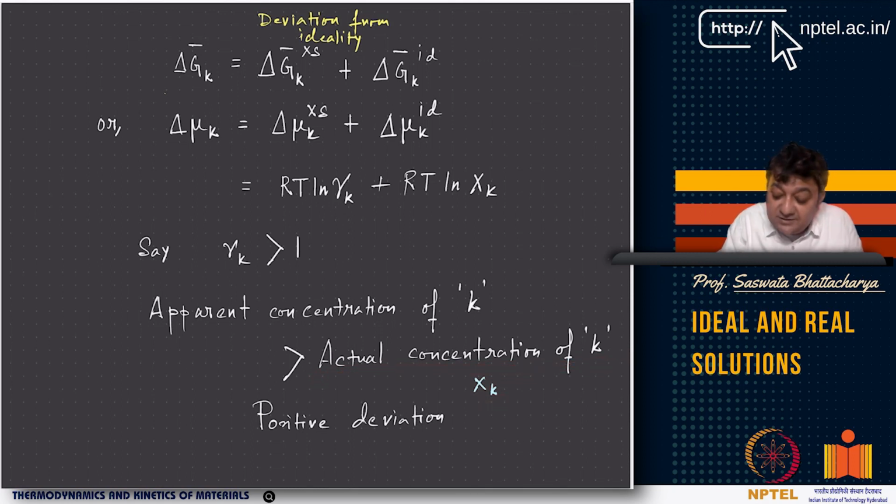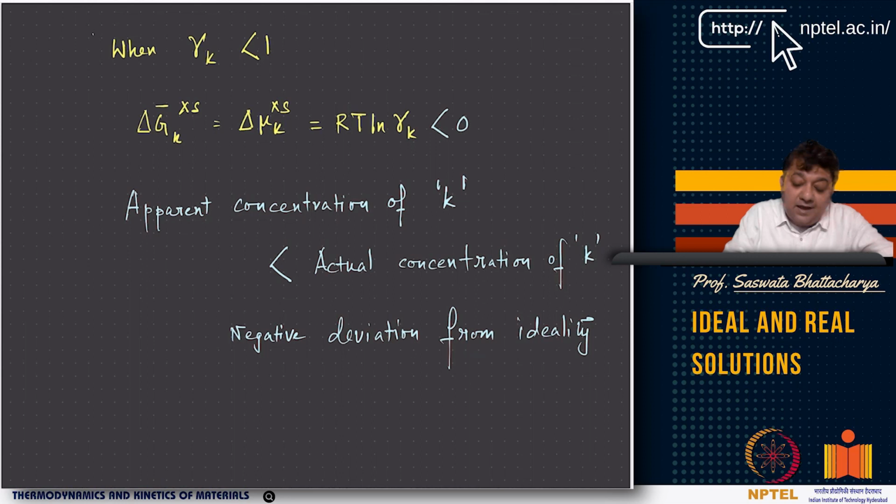That gives a positive deviation. So gamma k greater than 1 basically gives a positive deviation from ideality, okay?